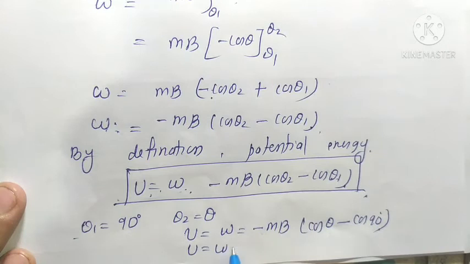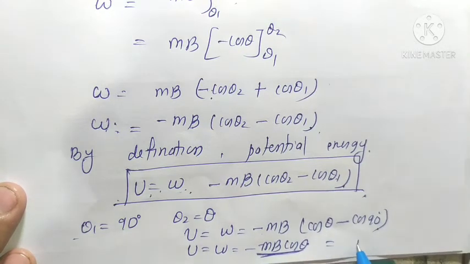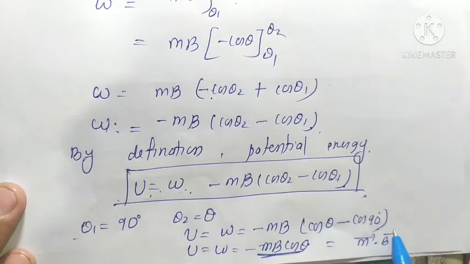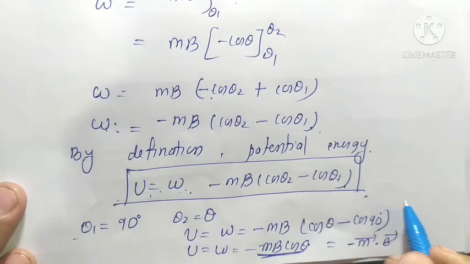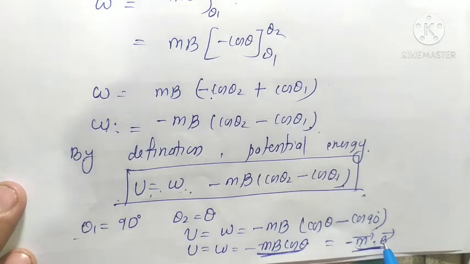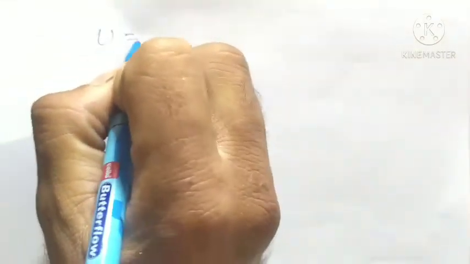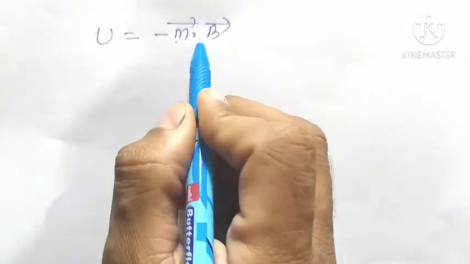So U is equal to W is equal to minus mB cos theta, which we can write as minus M dot B, the dot product of magnetic moment and uniform magnetic field.